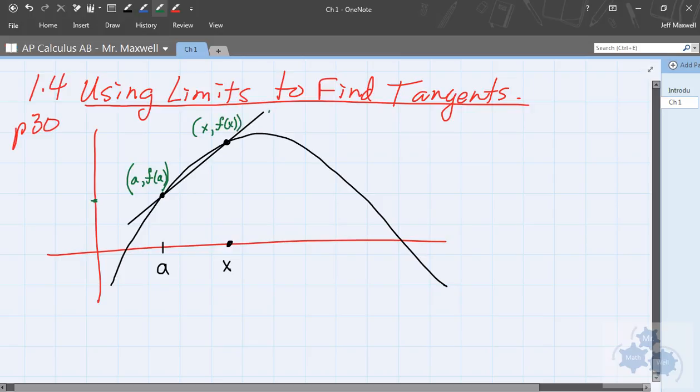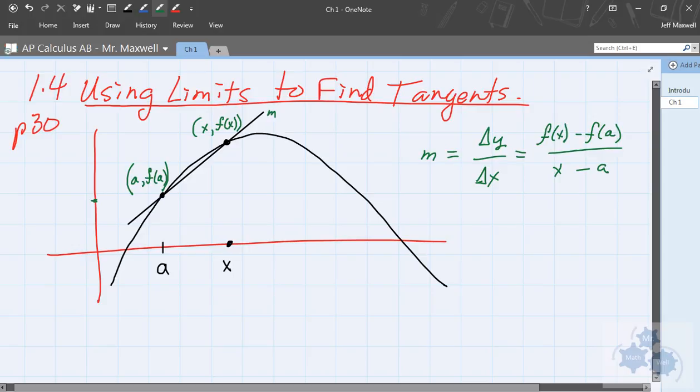And the slope of this line, that secant line, would look like this. Change in y over change in x, which would be written as f of x minus f of a, those are the two y values involved, divided by x minus a. That's the difference in the x values.